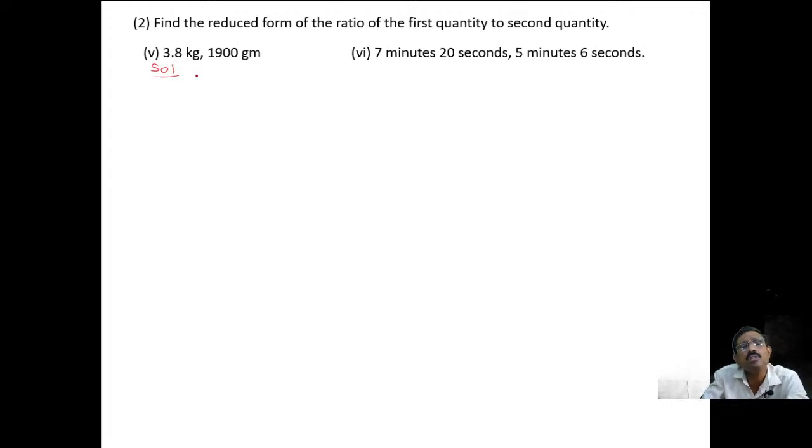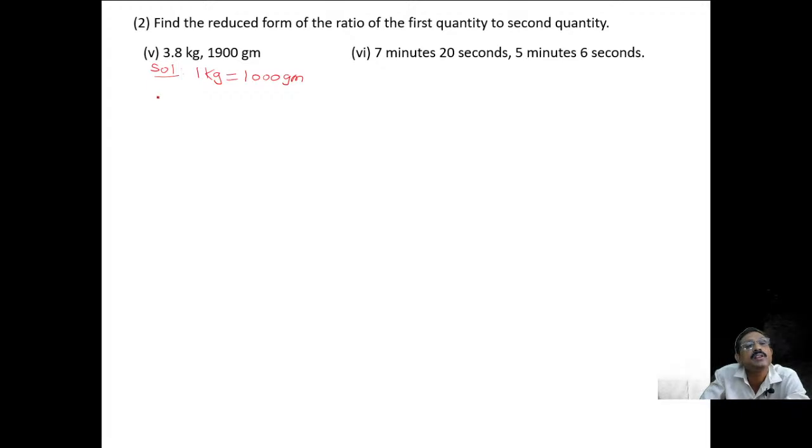Solution. Now we have kilogram here and we have gram here. It is good that we convert kilograms into grams. So 1 kilogram is equal to, what will 1 kilogram be equal to? It will be equal to 1000 grams. Now what do we have with us? We have 3.8 kilograms.